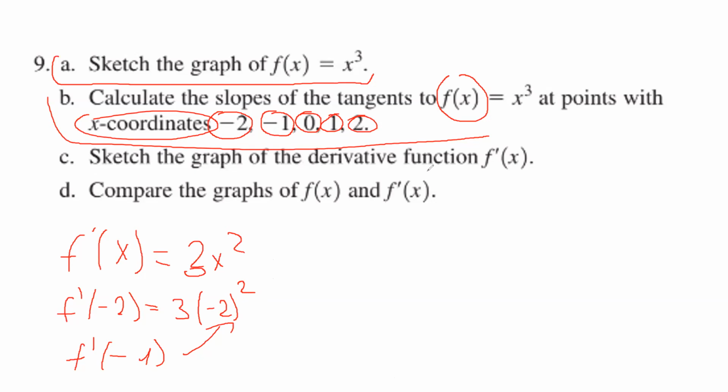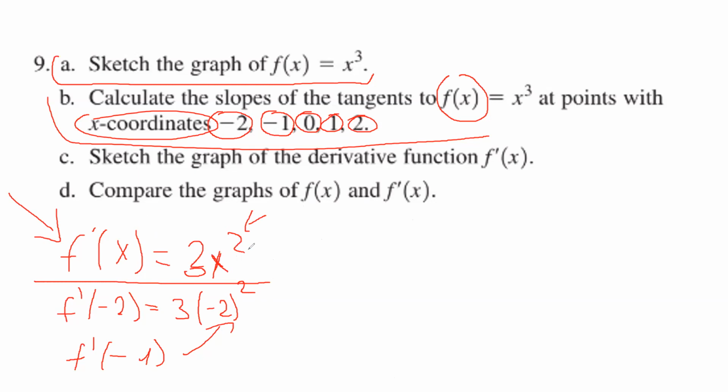Sketch the graph of the derivative function. How would you sketch the graph? Hmm. You look here. The very first line where we define the derivative itself. This is already the function of the derivative. You see? Yeah. Because it has x, the variable, and dependent function.